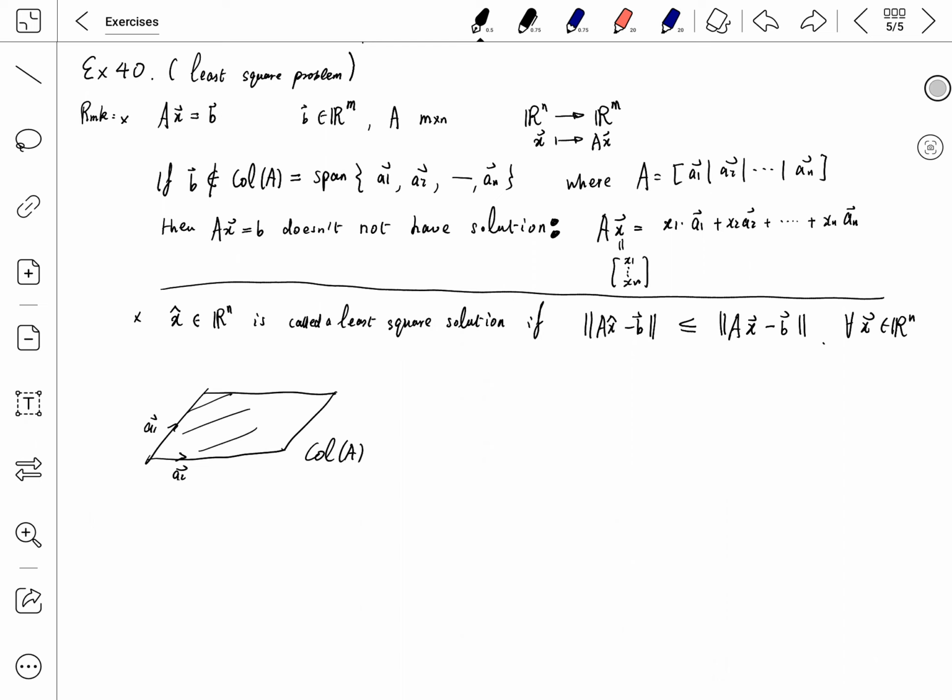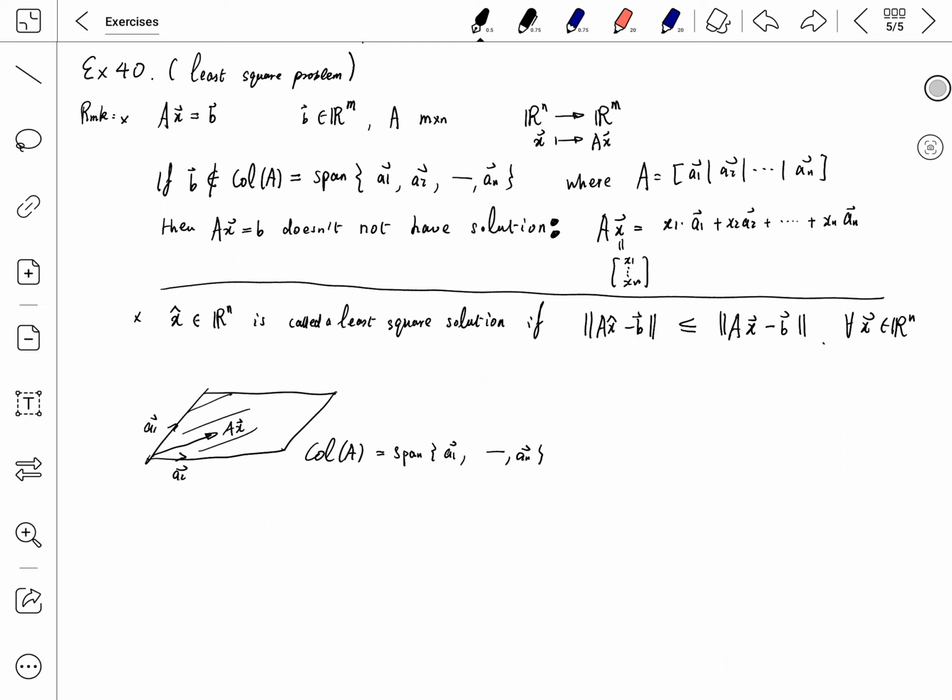So let's just take this. Just note that this is the span, and we just draw a plane for that. And then whatever Ax corresponds to is some vector on this plane, right?